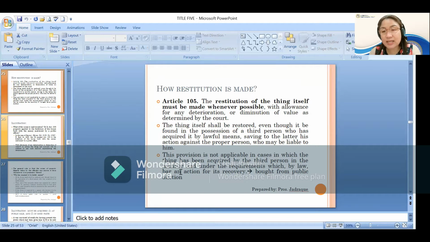But in the last paragraph, if that lawful means by which that third person acquired possession of that property subject of the unlawful taking is through public auction or sale, he can ask for reimbursement. Okay, he can ask for reimbursement.